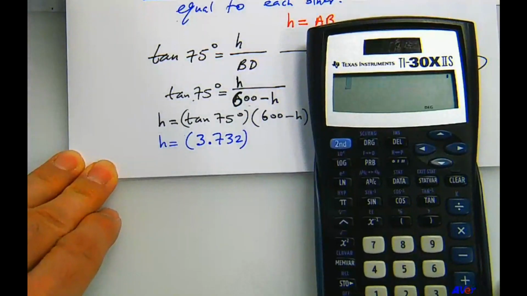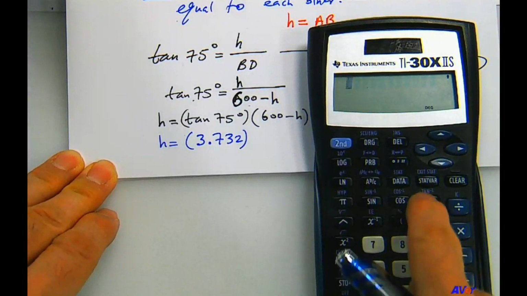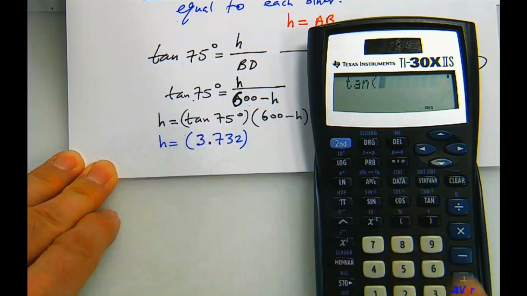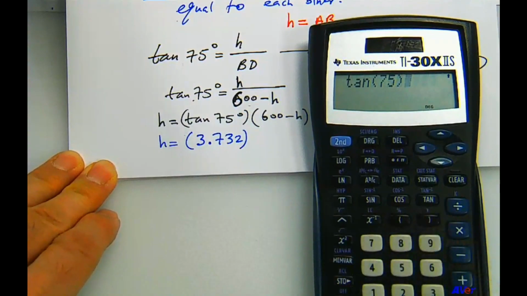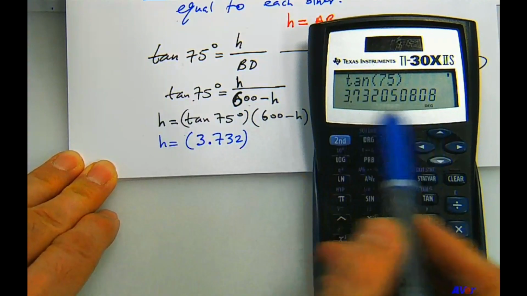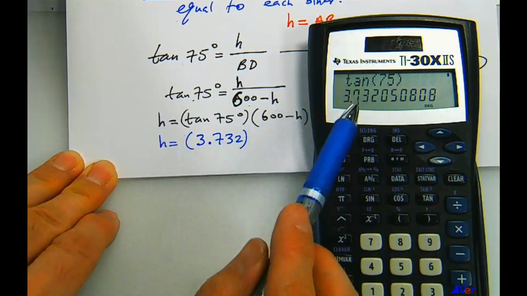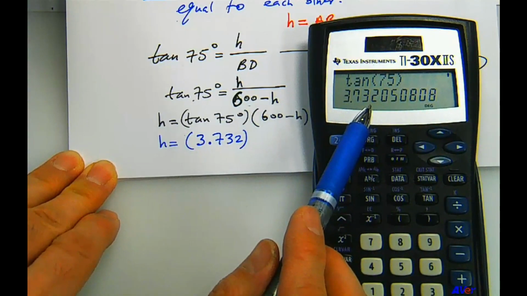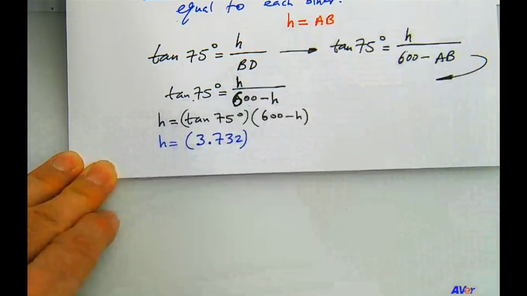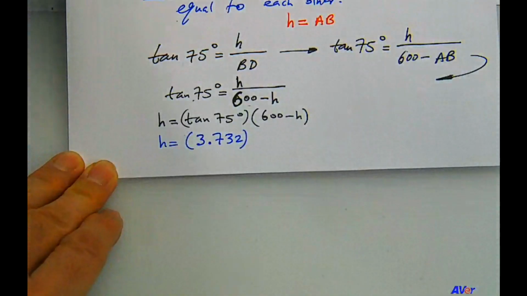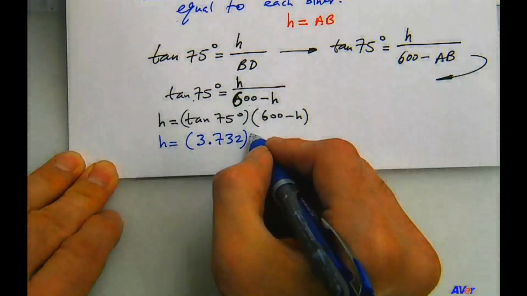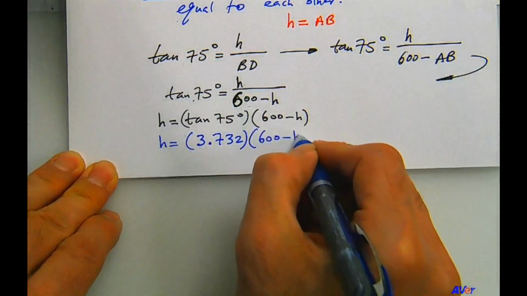So let's take tangent of 75 degrees. So notice how many decimal values? So I rounded this number to 3.732. Right? That's what I did, which is fine for this calculation. And then times 600 minus h.